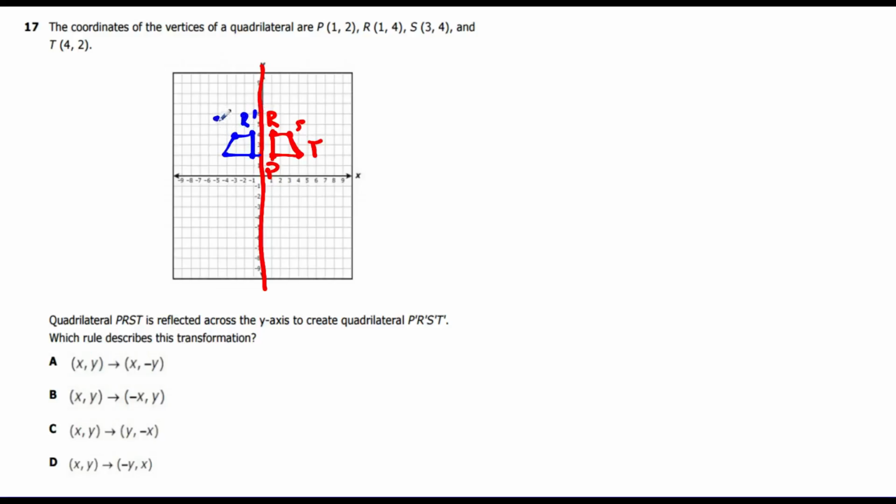There's R prime, S prime, T prime, P prime. Okay, so I still need to figure out the rule. So what happened? So P was at 1, 2, and then moved to P prime, which is now at -1, 2.